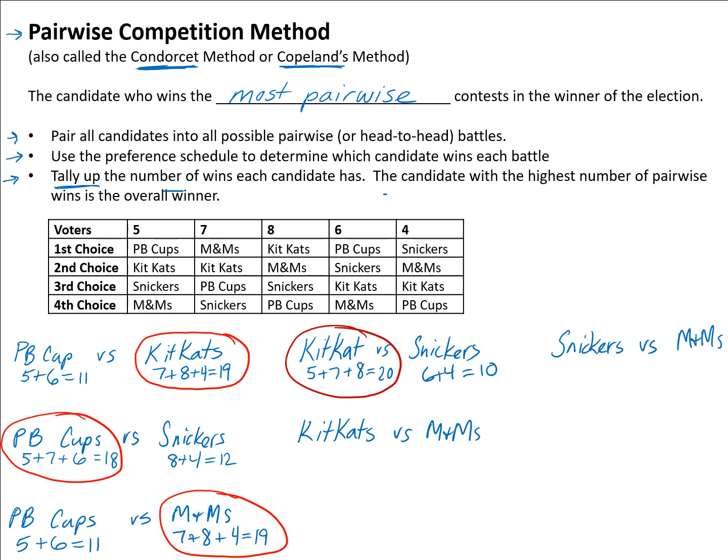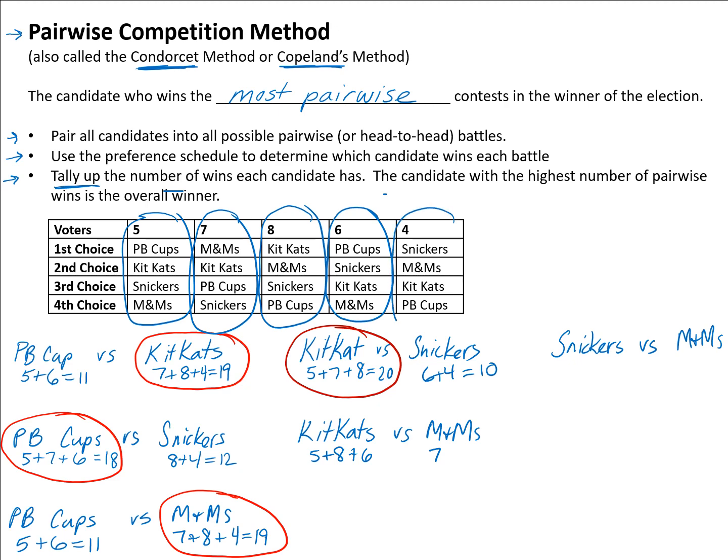All right, the next one, Kit Kats versus M&Ms. If I look at the first column, Kit Kats is above M&Ms, so 5 votes for Kit Kats. Second column, Kit Kats is below M&Ms, so M&Ms wins. Third column, Kit Kats is above M&Ms, so 8 points to Kit Kats. Fourth column of 6 kids, Kit Kats is above M&Ms, so Kit Kats wins those 6 points.